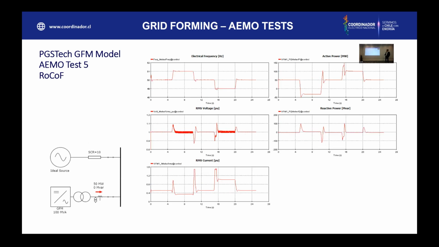Maybe the most important ones are these 3. This test is to try changes in the rate of change of frequency, and also you can see some oscillations, but this is due to the meter in the RMS voltage because it's also sinusoidal. But the grid forming behaved as expected, and in some cases reached the maximum current it was set.